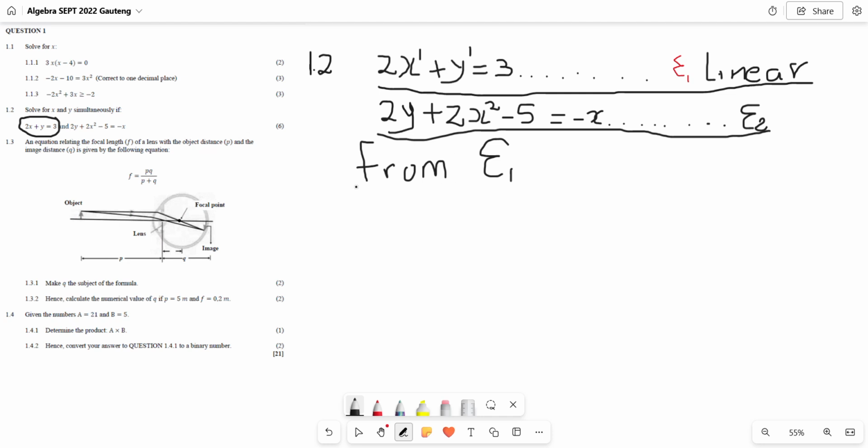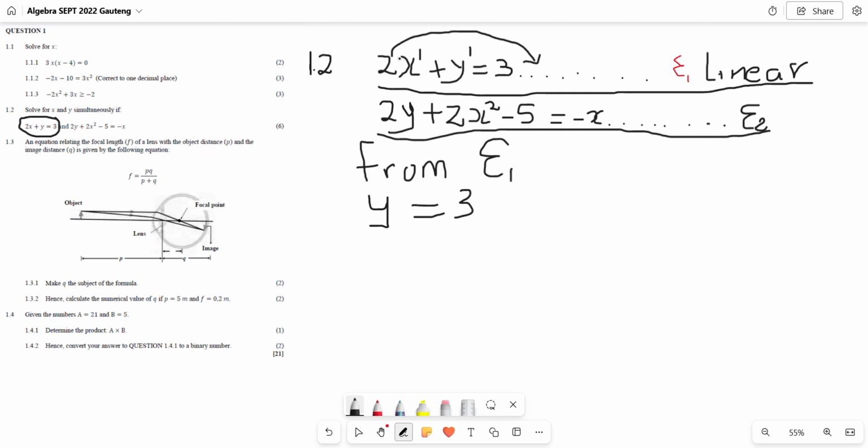Then from equation number 1, we are going to make that variable the subject of the formula. You always make the variable with the coefficient of 1 the subject of the formula. Then we are going to transpose 2x to the other side so that we are able to make y the subject of the formula. Then we'll be remaining with y on the left hand side, that is equal to, on the right hand side, positive 3.